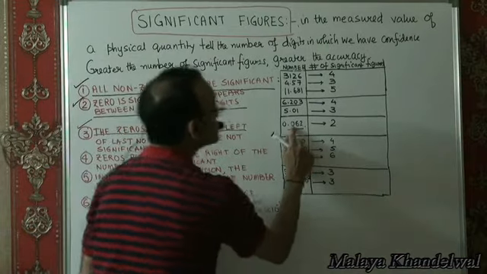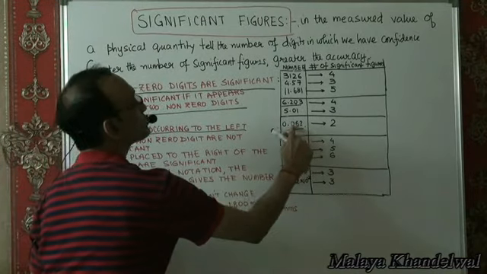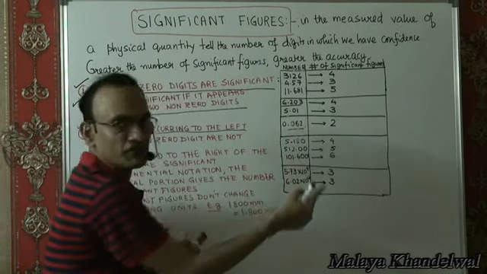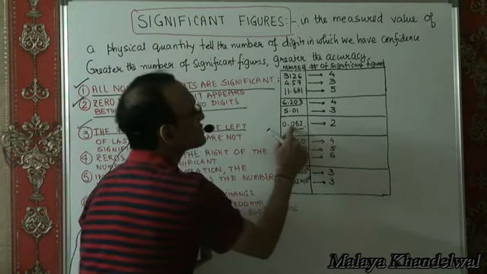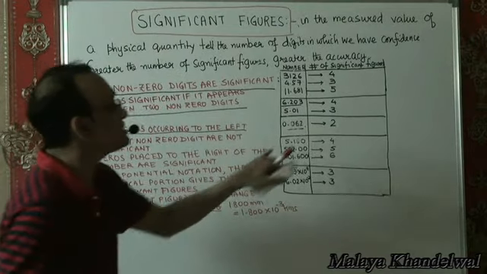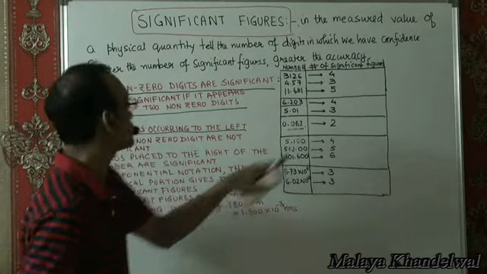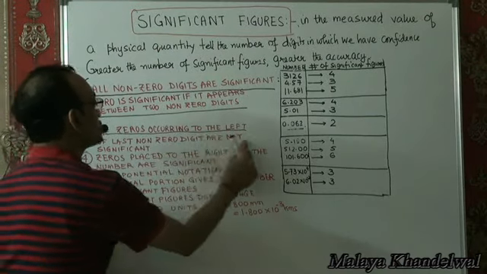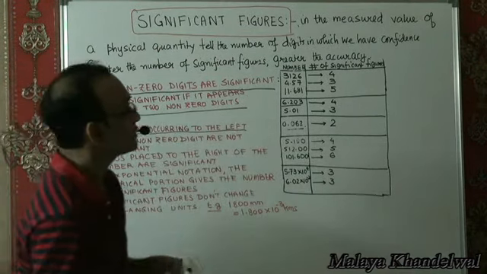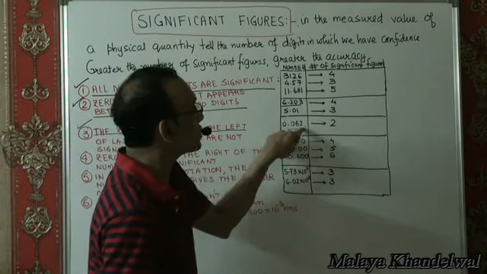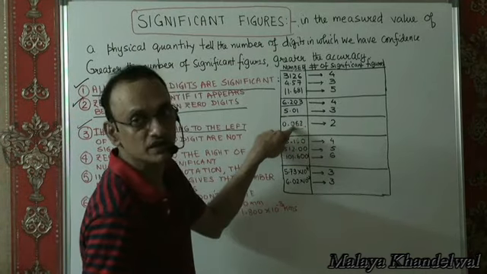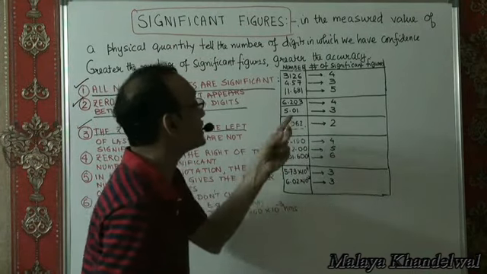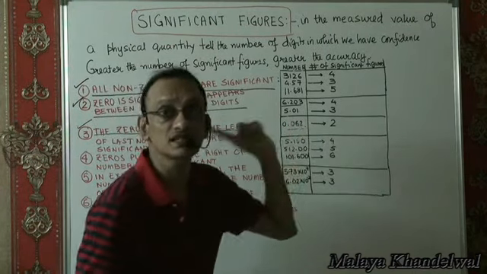In this case, this is the 0 occurring to the left of the significant digits. After the 0, there are significant digits, but before 6, there are only zeros, and these zeros will not be counted. Look at these non-zero numbers, and to the left of them there is a 0. This 0 will not be counted. So 0.062 has only 2 significant figures, 6 and 2.